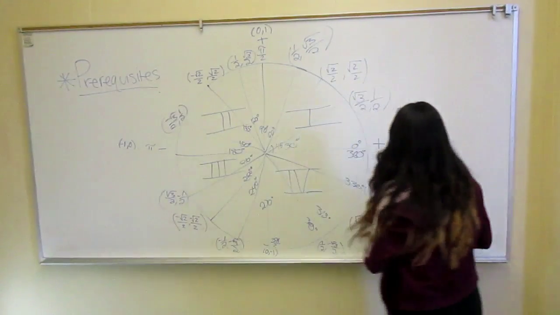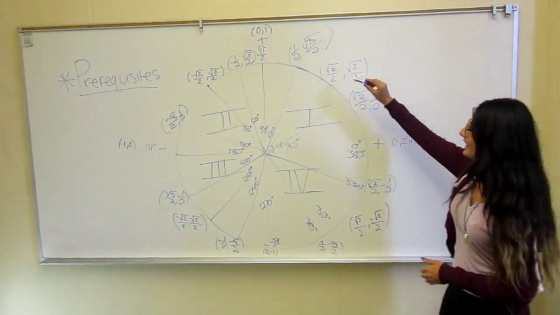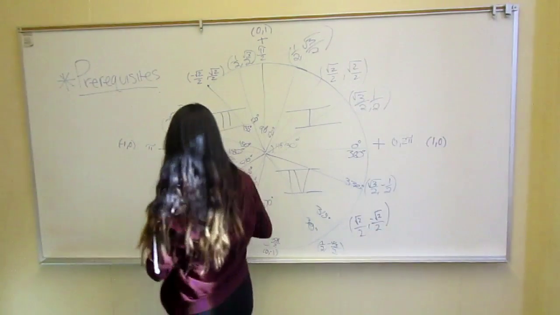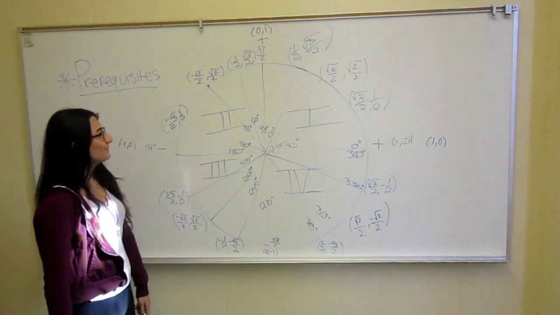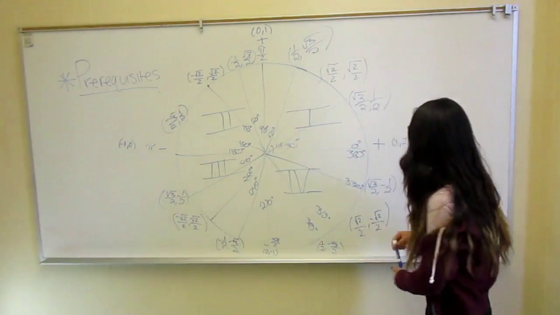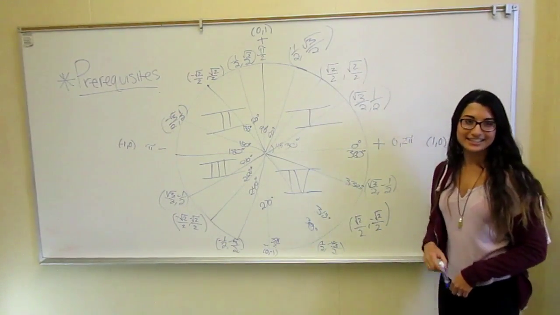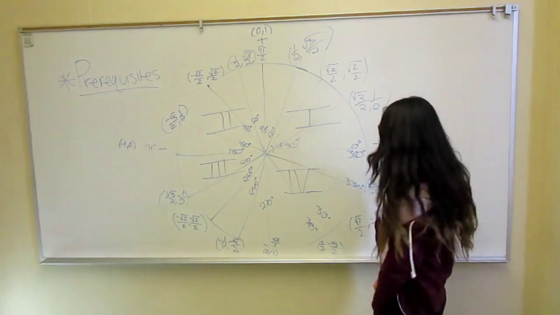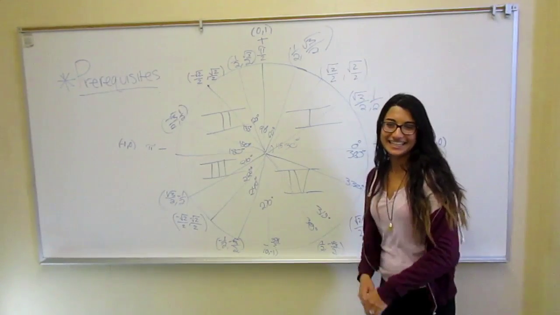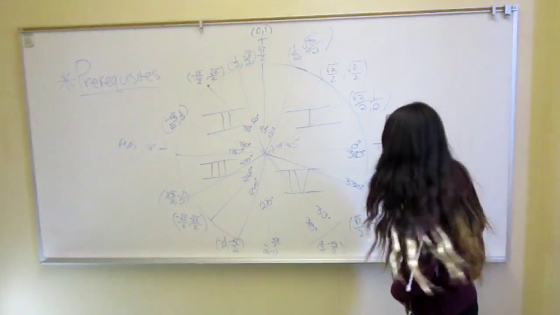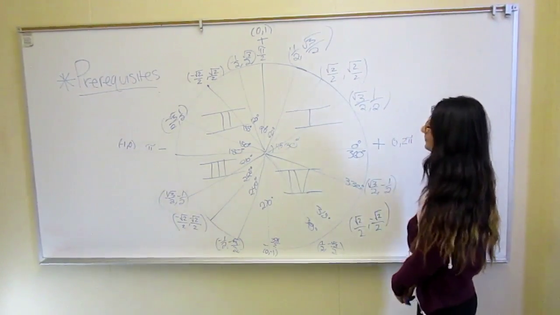Each of these points has an endpoint that you should memorize. Spend 10 minutes memorizing this circle. Learning is memorizing, basically. So learning means you memorized it.